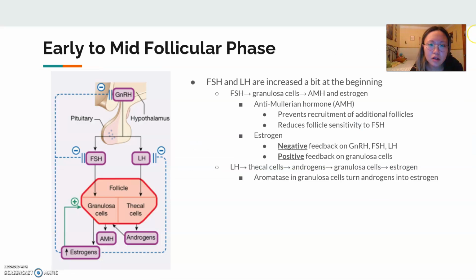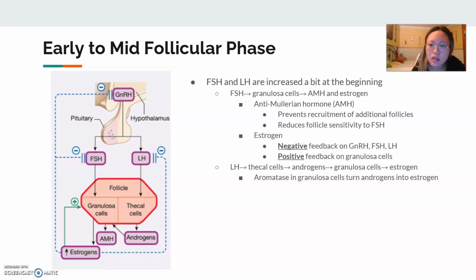So starting with the early to mid follicular phase, in the beginning, FSH and LH are increased. So beginning with the increased FSH, it goes into the granulosa cells, where it promotes the release of AMH and estrogen.